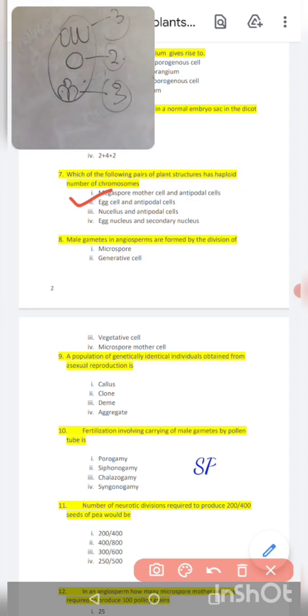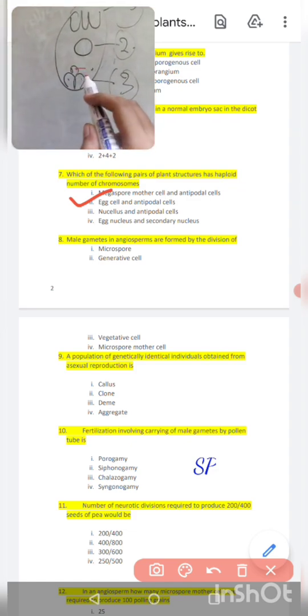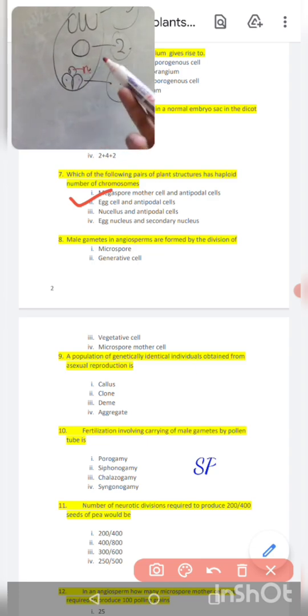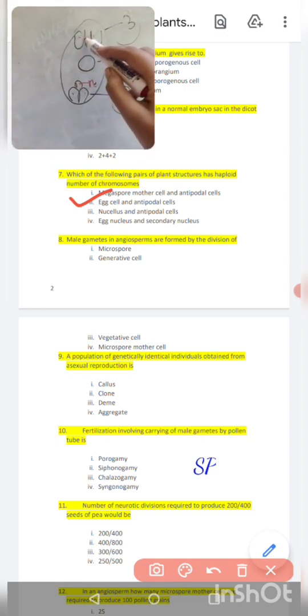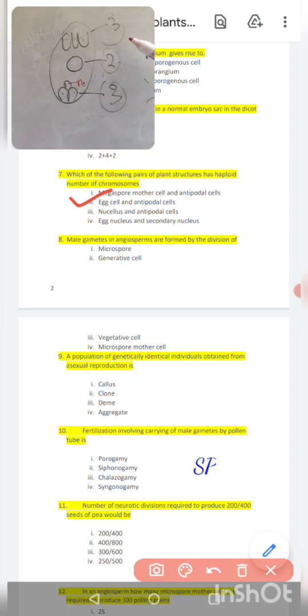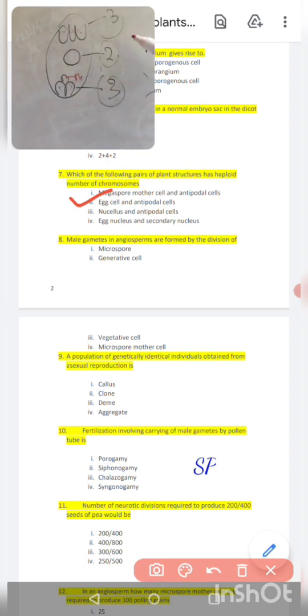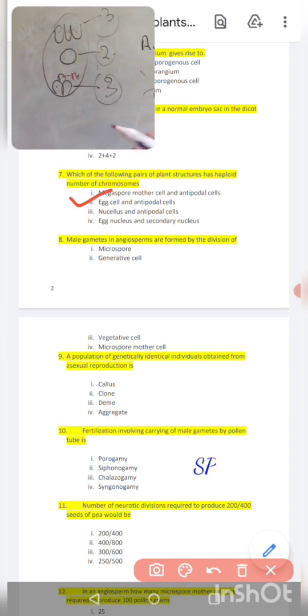The egg which is present in the micropylar region has a ploidy level of N, a single set of chromosomes. Similarly, the antipodal cells are present in 3 numbers, and all 3 have only one set of chromosomes, so they are also haploid, they are all N. If you see the first option, the megaspore mother cell is diploid.